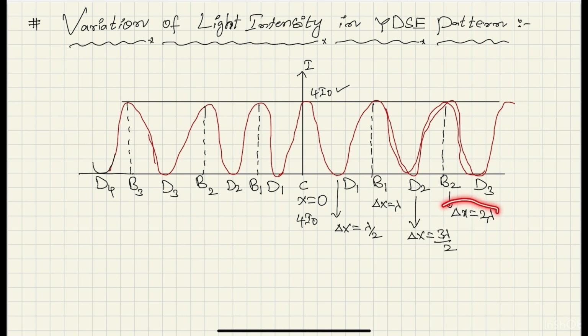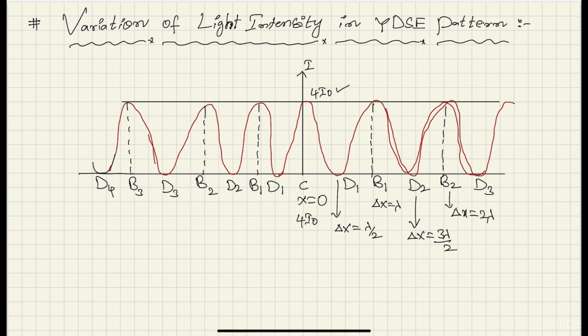Next bright is 2 lambda, delta x is equal to 2 lambda. For dark it is 2n minus 1 into lambda by 2. If you substitute, 2 minus 1 into lambda by 2 means lambda by 2, then 3 lambda by 2, like this. A direct question will be asked from this area, so be careful.